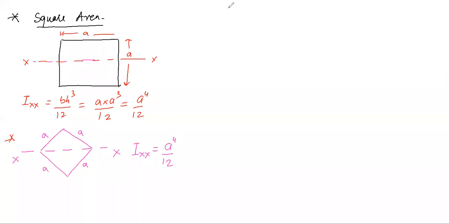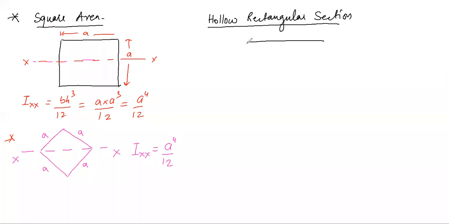Let's draw the moment of inertia of a hollow rectangular section. Can anyone calculate this area? Can anyone calculate what could be the moment of inertia of the hollow rectangular section about the x axis?